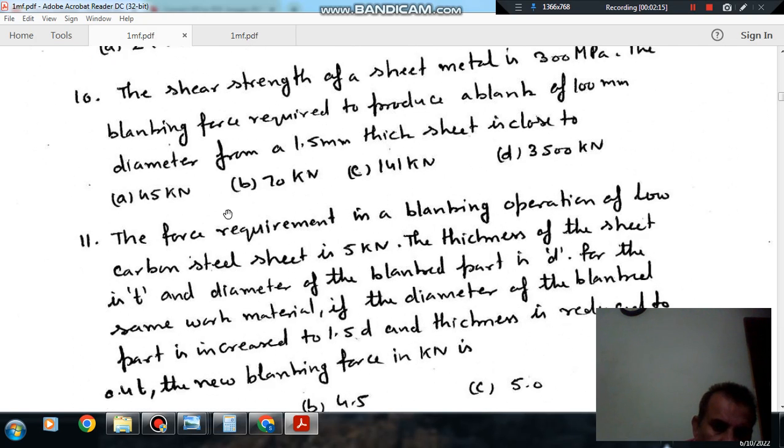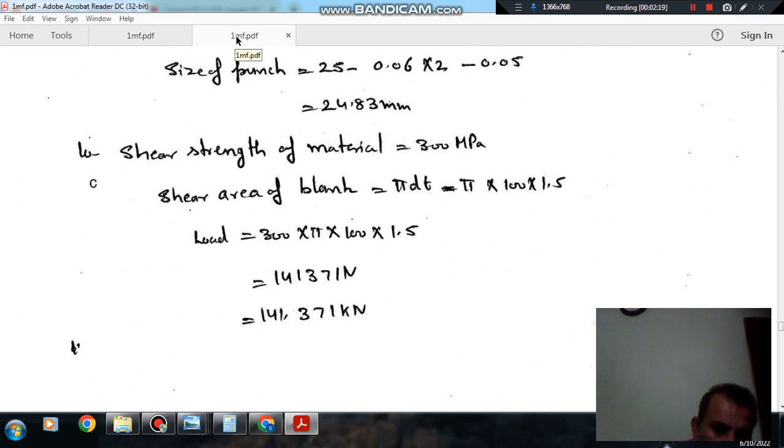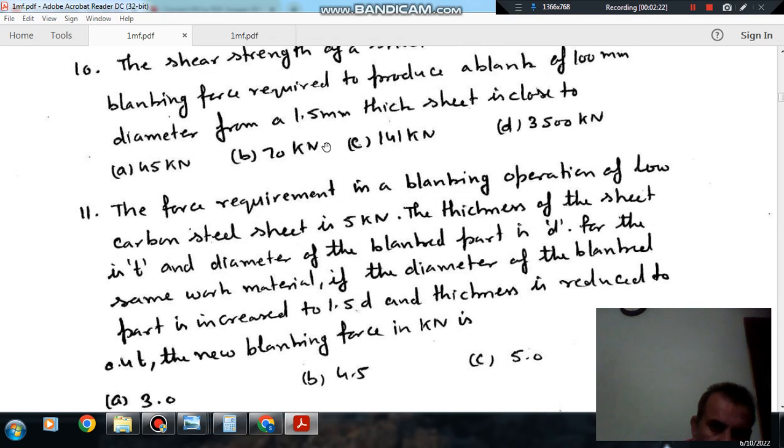Next, question number 11. The force requirement in blanking operation of low carbon steel sheet is 5 kilonewton.